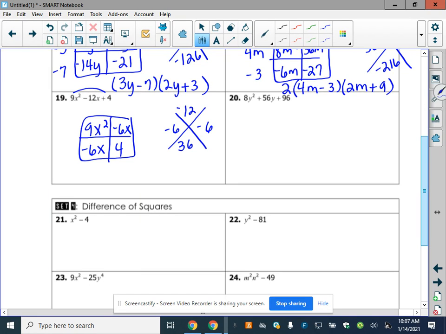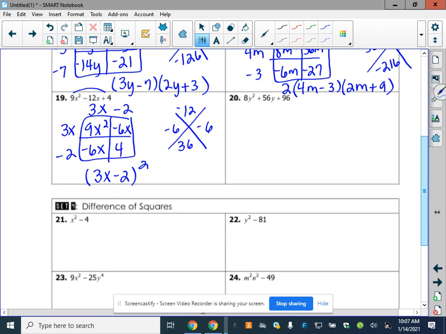I get the GCF on the top row, which is 3x. Bottom row is negative 2. First column, 3x, negative 2. So that's 3x minus 2, 3x minus 2, or 3x minus 2 squared.